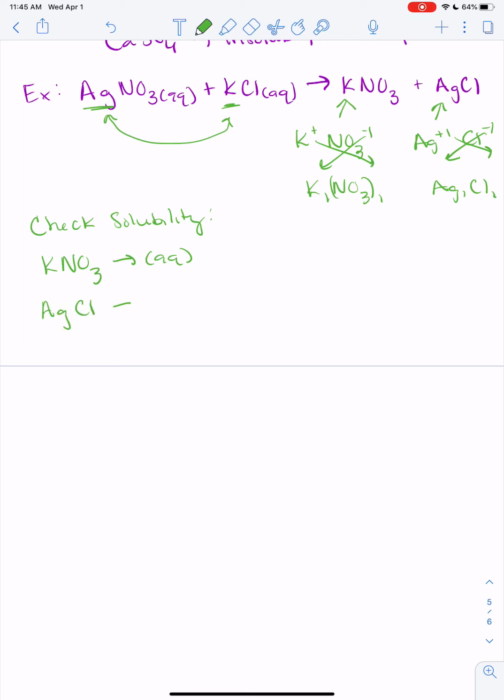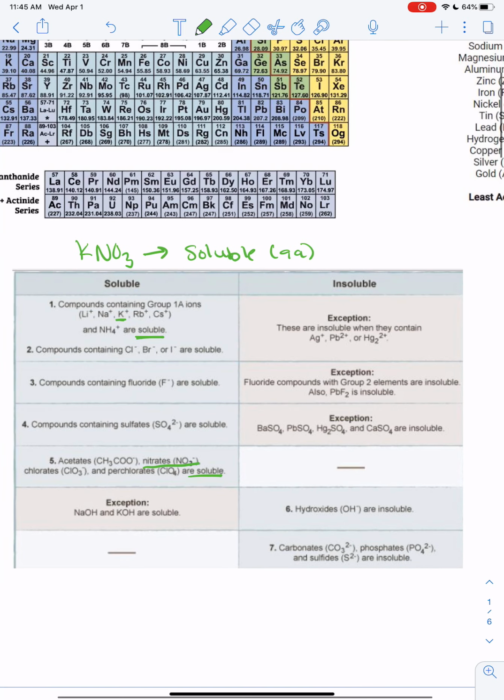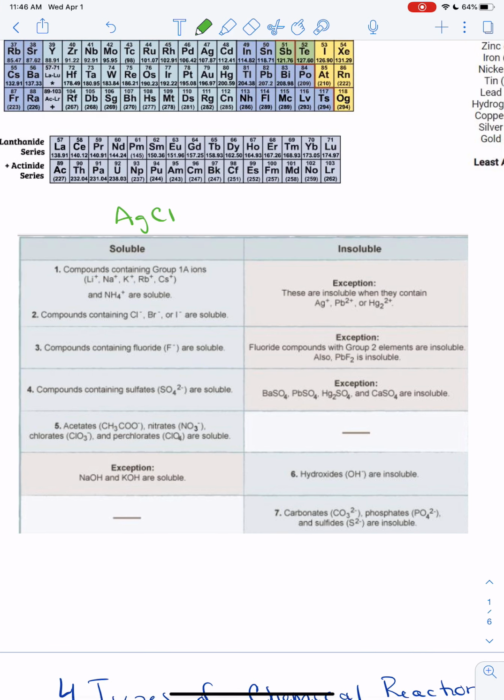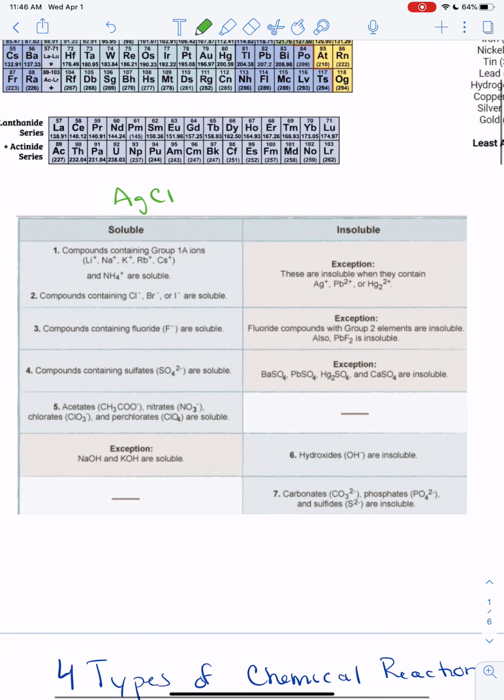And our last part here, AgCl. Now let's look back at our solubility rules. For AgCl, we want something about chlorine or something about silver. I see here that compounds containing chlorine are soluble. So that's good. Now let's look at the exceptions. These are insoluble if it has silver.